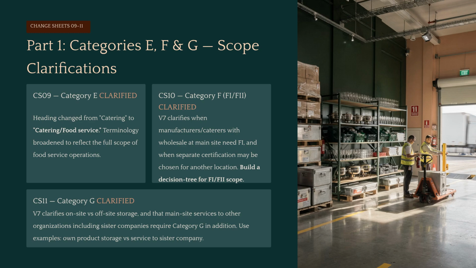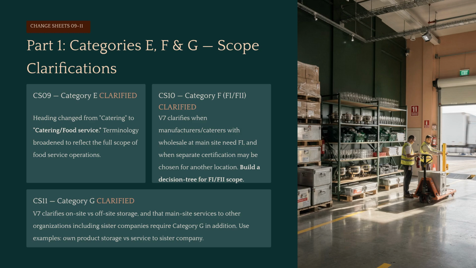It is a structured modernization of the scheme's foundation, its scope logic, its category definitions, and its alignment with the latest international expectations. For organizations preparing for transition, the key message is to start early, review carefully, and treat the scheme as a system that must be understood holistically, rather than clause by clause in isolation.